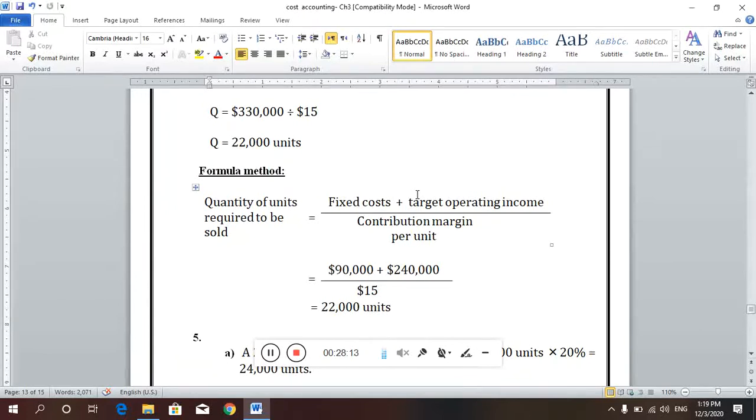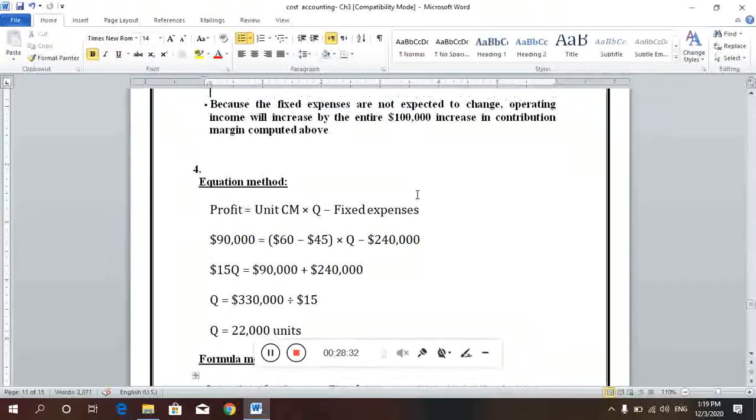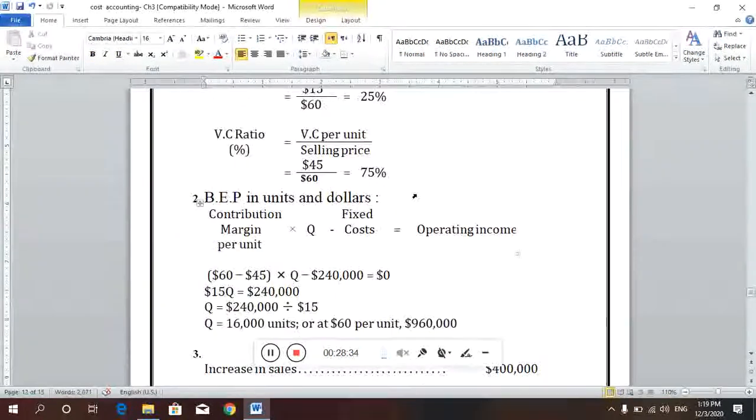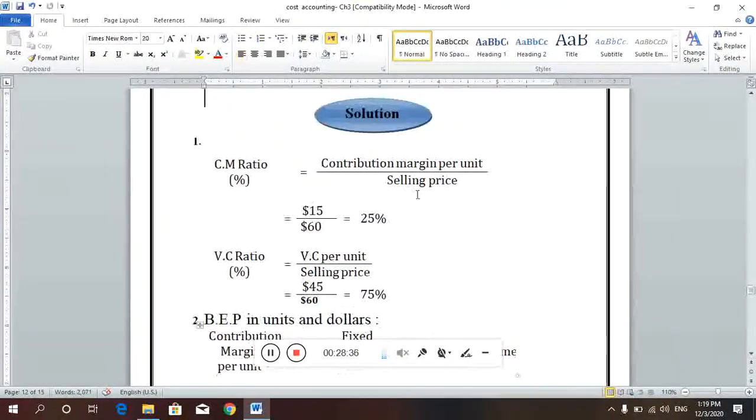The fixed cost is $240,000 plus target operating income of $90,000, divided by the contribution margin per unit. So the quantity of units required to be sold will equal 22,000 units. Number 5 is very interesting.